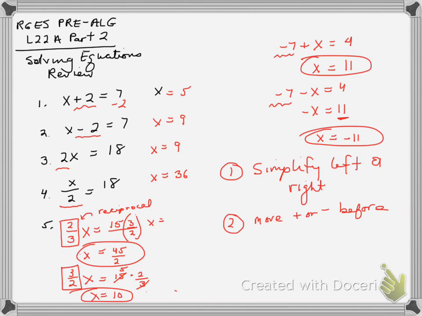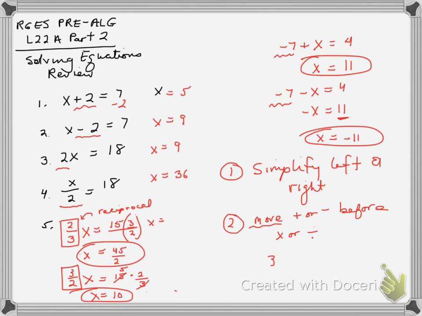So I use a lot of vocabulary. I sometimes say eliminate. Sometimes I'll say move it. Or sometimes I'll say, what else would I say? Do the opposite, okay? So move the plus or the minus before the multiplication or division. What do I mean by that?